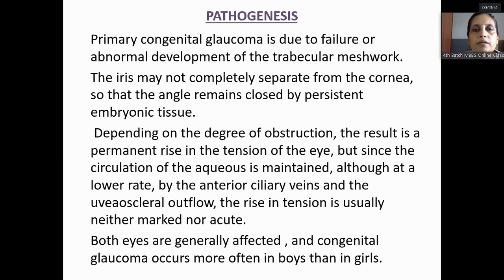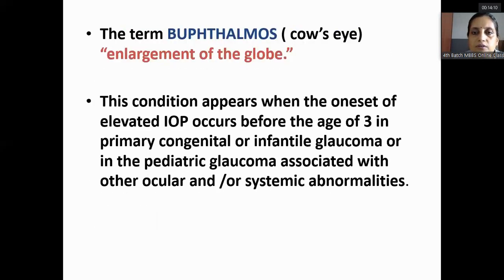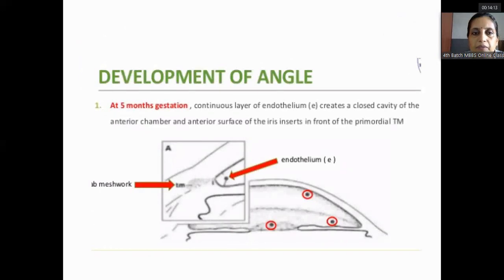So primary congenital glaucoma is due to failure or abnormal development of the trabecular meshwork. The iris may not completely separate from the cornea, so the angles remain closed by persistent embryonic tissue. You have seen during the development, which I have shown in the slide, at 5 months of gestation there is a continuous layer of endothelium with a closed cavity near the anterior chamber.